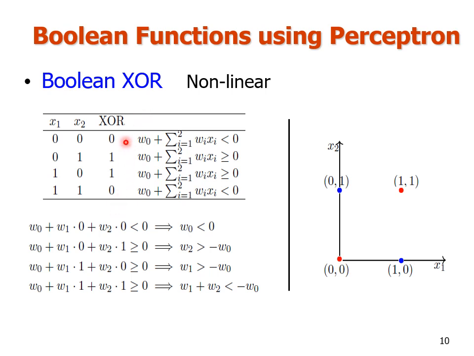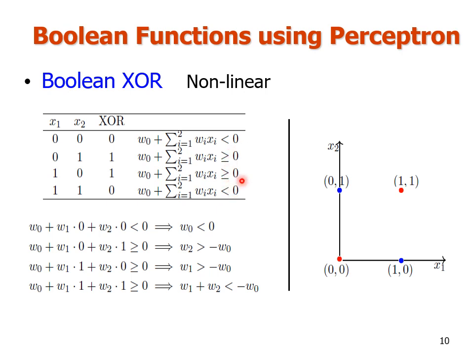So we have 4 combinations of input x1, x2, and these are 0,0, 0,1, 1,0 and 1,1. So 0,0 provides the output 0, 0,1 provides the output 1, 1,0 provides the output 1 and 1,1 gives us the output 0. And to have these outputs, the respective expressions for the perceptron are also shown here.